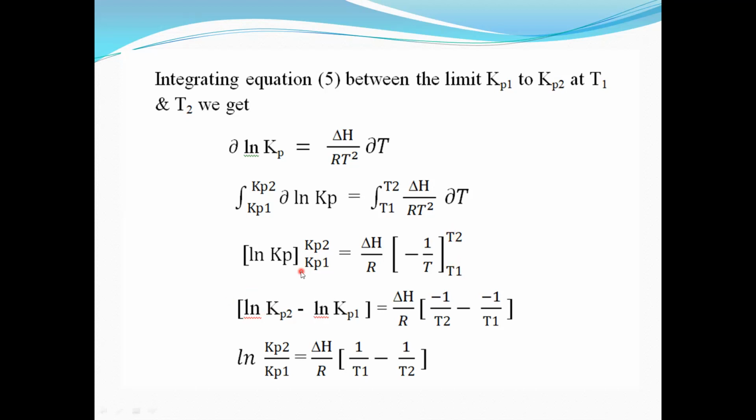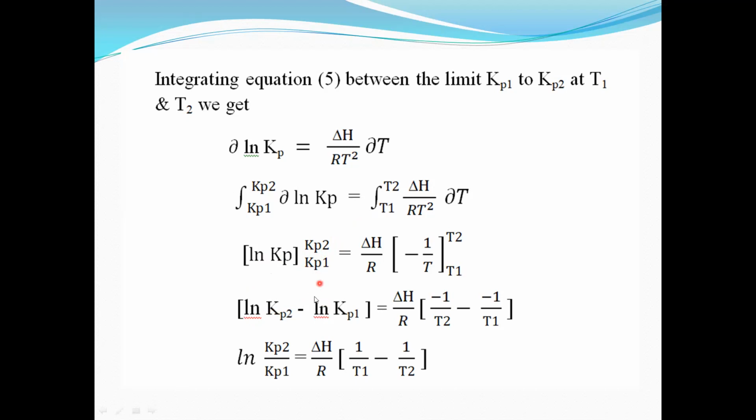Now put the upper limit and then the lower limit. The upper limit is Kp2 and the lower limit is Kp1. The rule is: put the upper limit minus the lower limit. So in place of ln Kp, you have to put Kp2, because Kp2 is the upper limit: ln Kp2 minus ln, now the lower limit, Kp1.